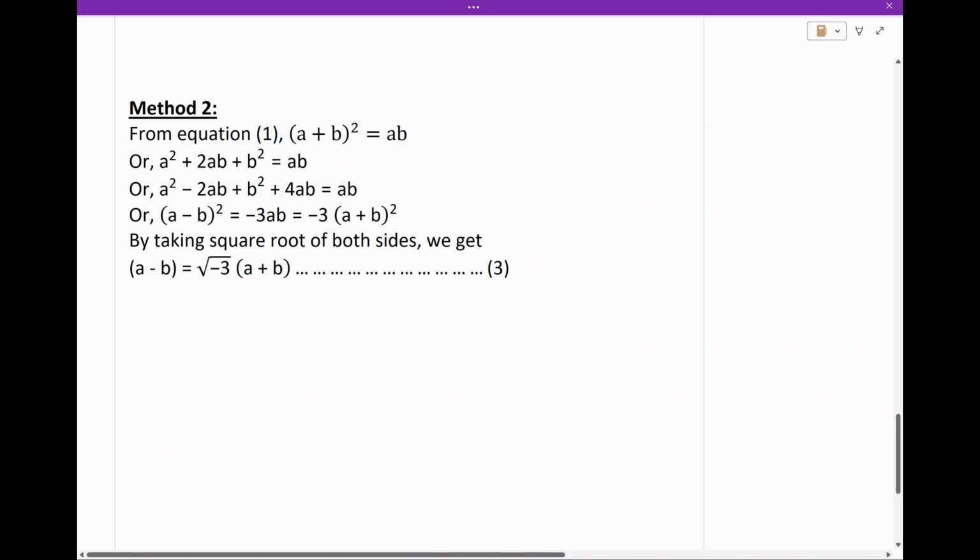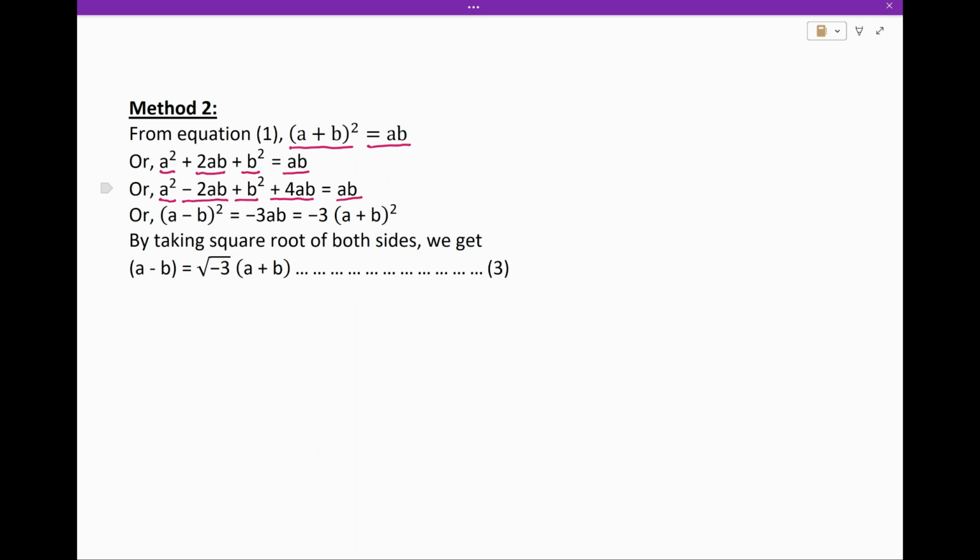Method 2. From equation 1, (a plus b) whole squared is equal to ab, or a squared plus 2ab plus b squared is equal to ab. We can write this in another way, that is a squared minus 2ab plus b squared plus 4ab is equal to ab.